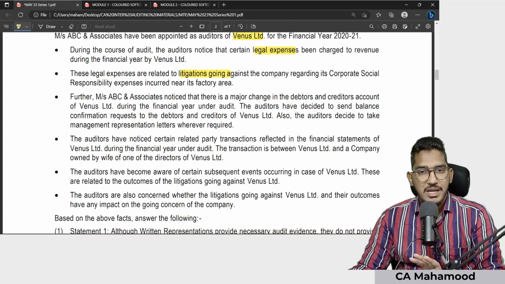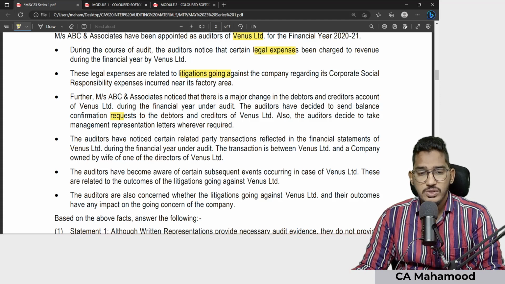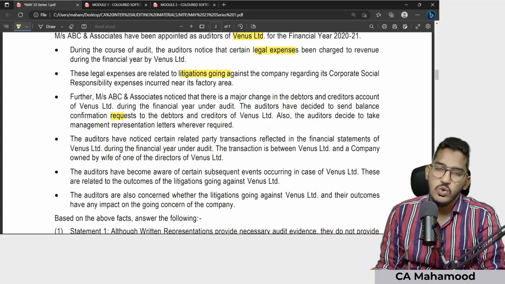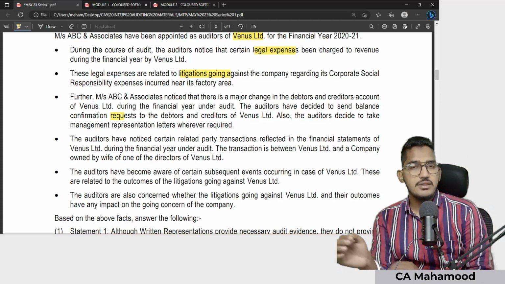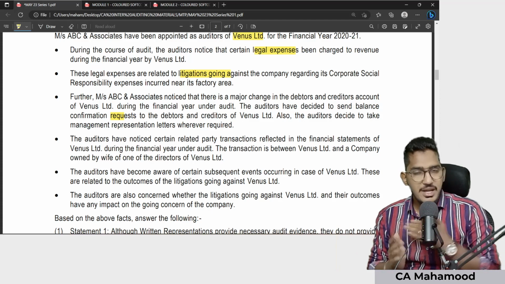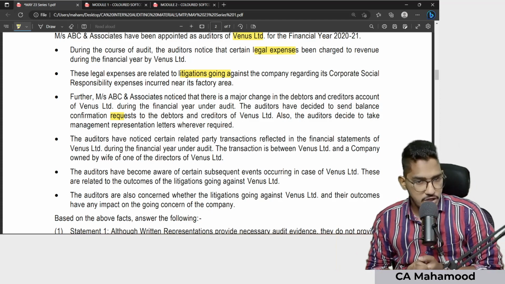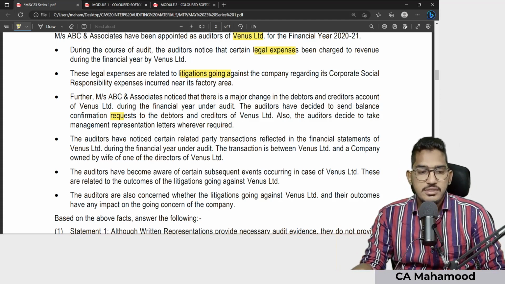So debtors and creditors balances have undergone huge changes. The auditors have decided to send balance confirmation requests to the debtors and creditors, that is, external confirmation. Also, the auditors decided to take management representation letters wherever required.